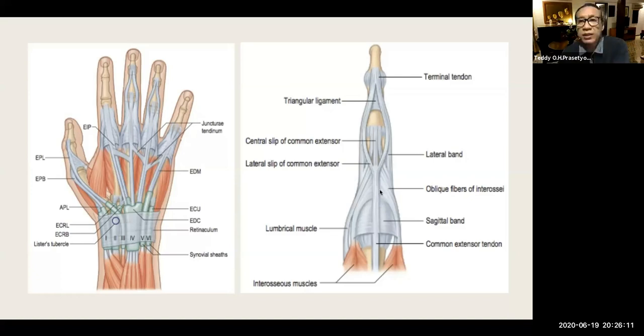This is the central slip, and it branches to the radial and ulnar sides with 2 lateral slips. They join the lateral band, which is mainly formed by the intrinsic muscles, from the lumbrical and interossei muscles, and joined together with the lateral slip from the central slip, so that it becomes the conjoined lateral band.